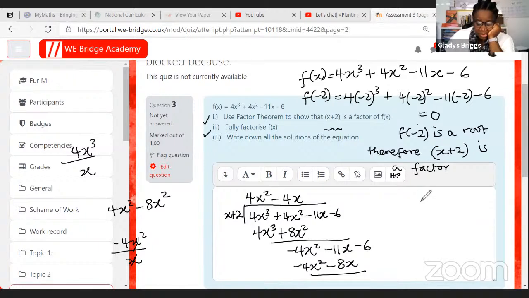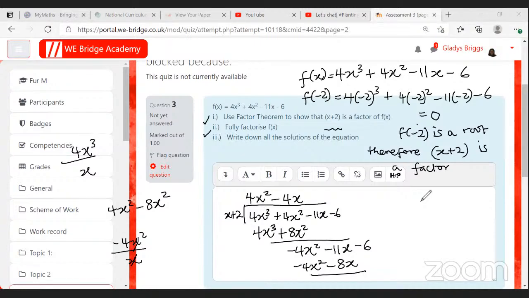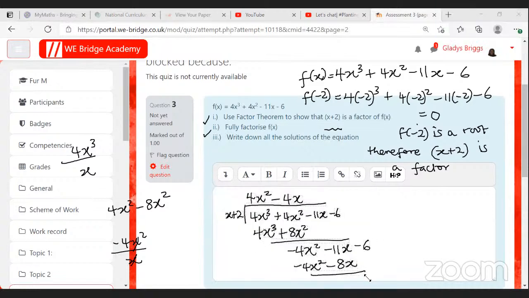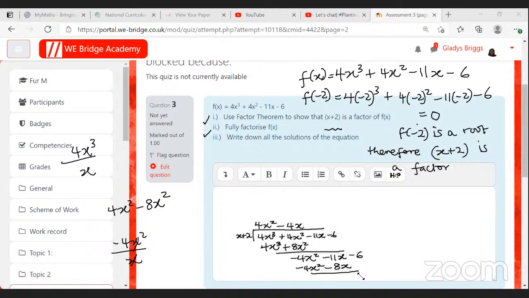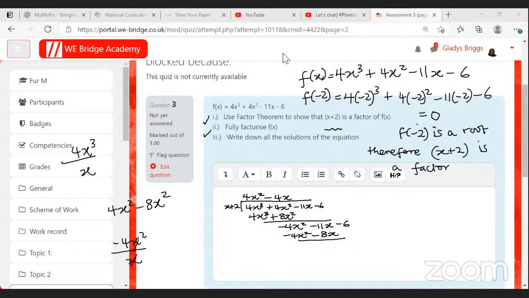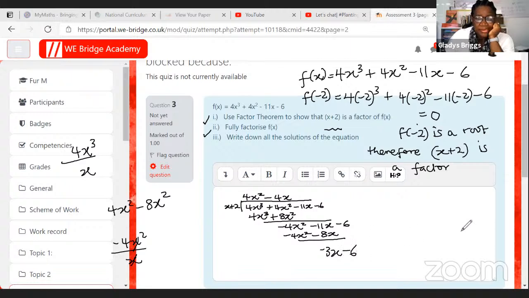What is that? 3. Minus 3, yeah? So that would be minus 3x minus 6.